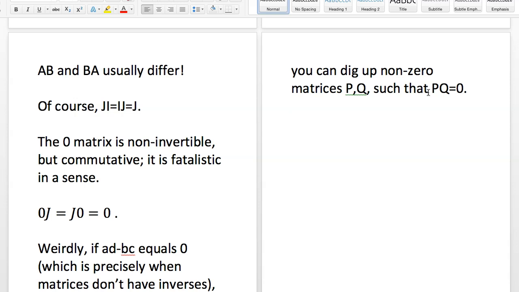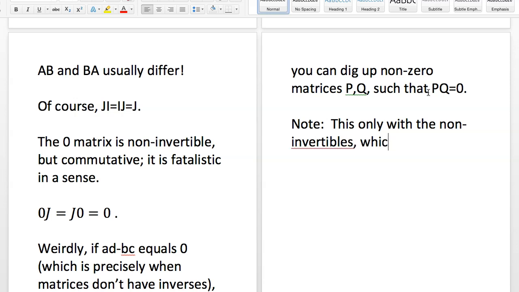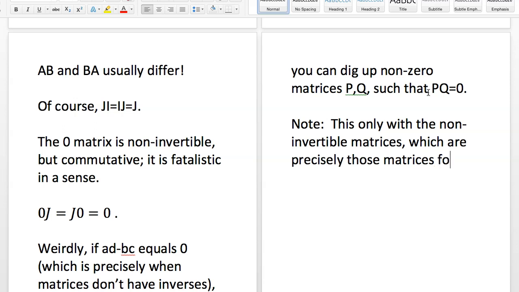It happens now. This only happens with the non-invertibles, which are precisely those matrices for whom AD minus BC equals 0.